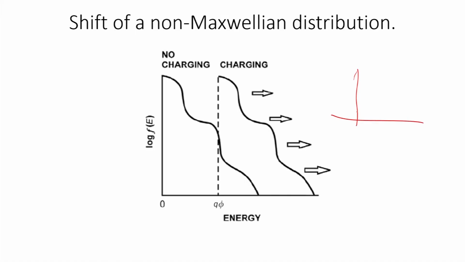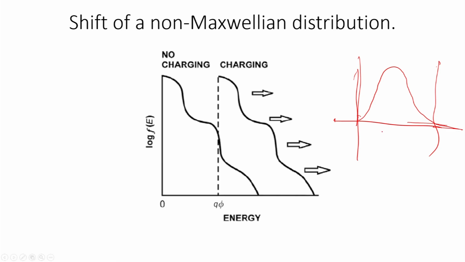So the distribution is something like this: it goes like this and then goes to 0. This is the energy or velocity distribution that the particles can have.